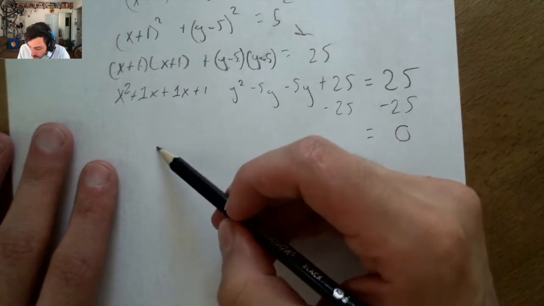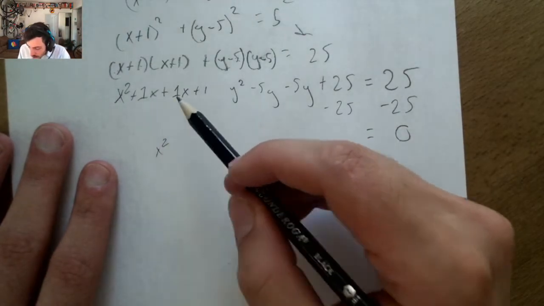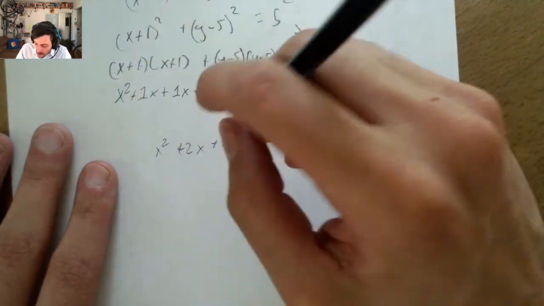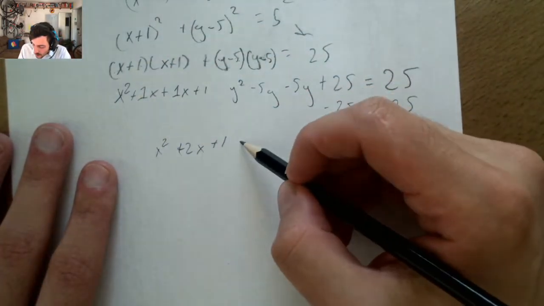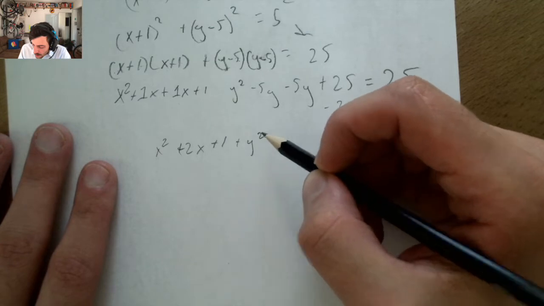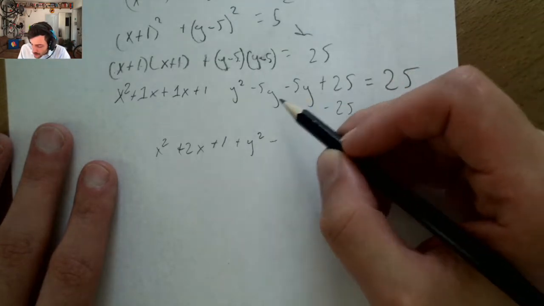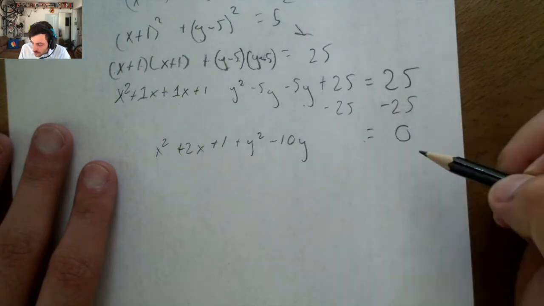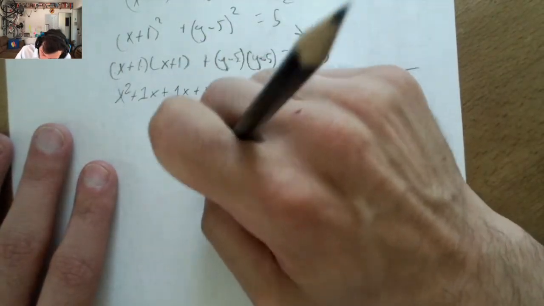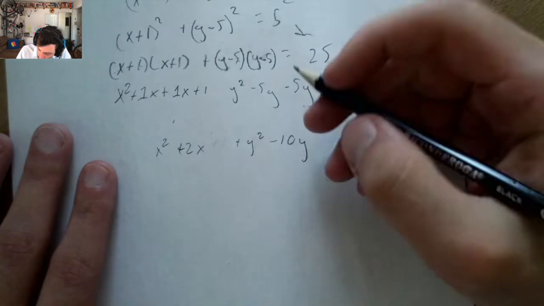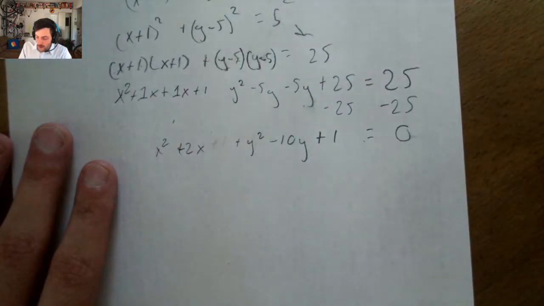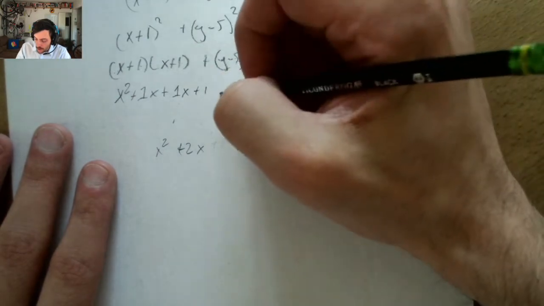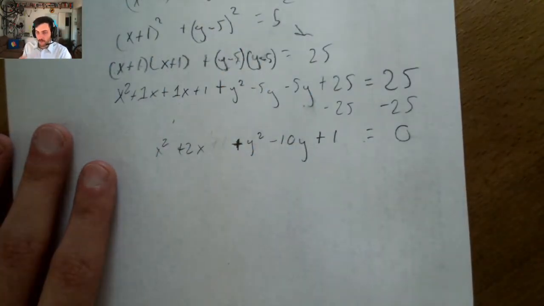So now we have 0 equals x squared plus 2x plus 1, plus y squared minus 10y plus 25 minus 25, which leaves x squared plus 2x plus y squared minus 10y is equal to 0. And what I'm going to just do here is drop this one off on the side. Same thing though, all equivalent still to one another.